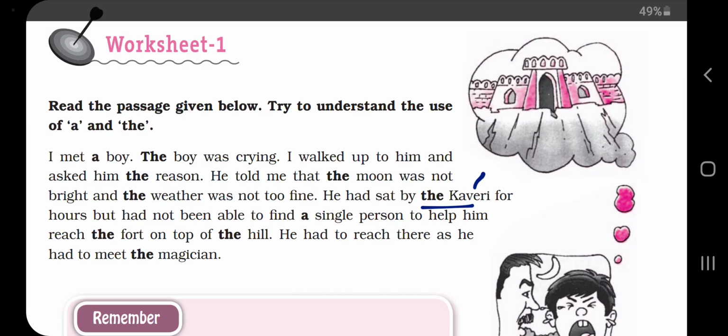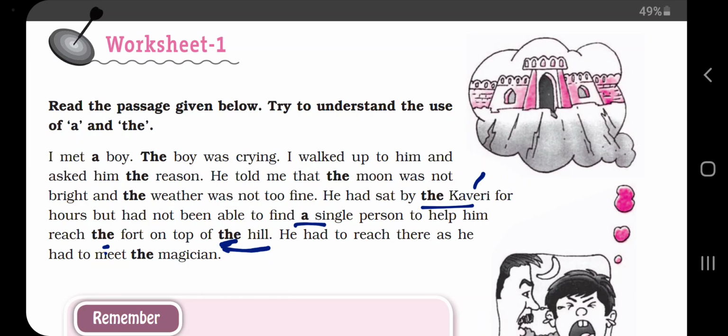Kaveri for hours, but had not been able to find a single person to help him reach the fort on top of the hill. The hill. Why is it written the? Because the hill is specific. Why?